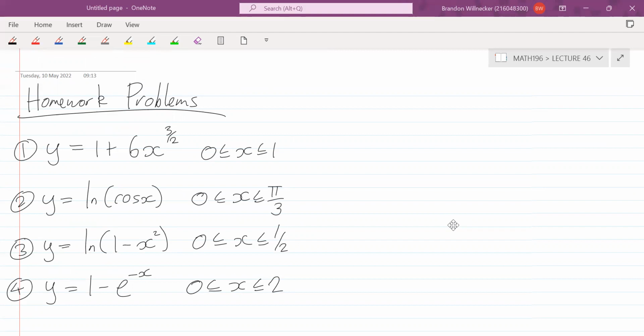Any questions on these? Okay, so I'll post these on the WhatsApp group so that you can see them over there. I'm still waiting for more solutions from yesterday's homework problems.